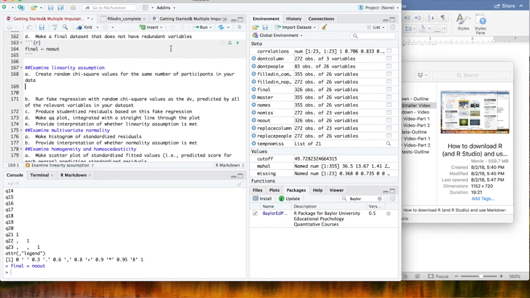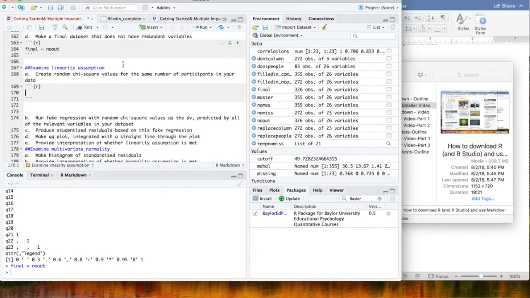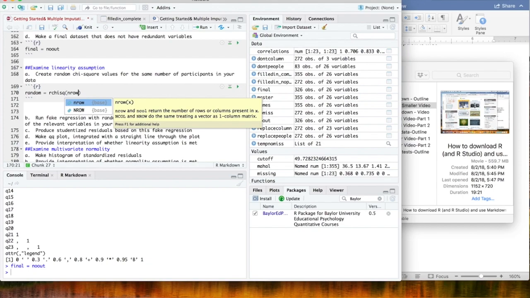So the code is going to be random equals rchisq. nrow basically means the number of rows, so that equals the same number of participants in our data set, which is the final data set that we just named.